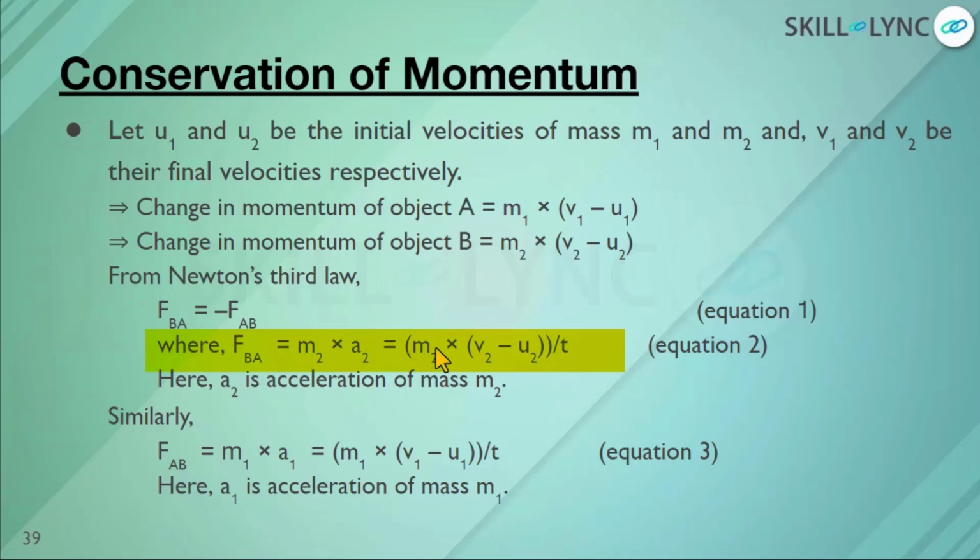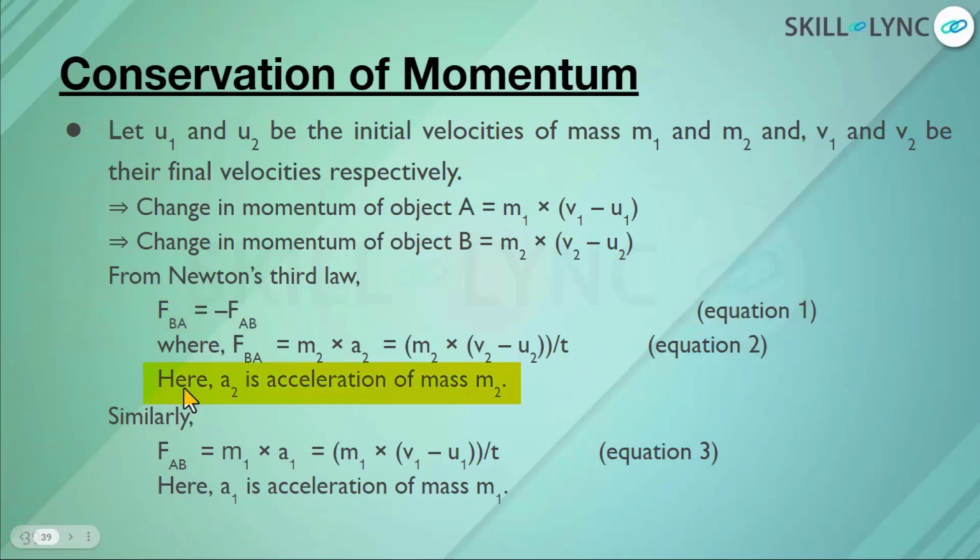Therefore, FBA can be written as m2 into (v2 minus u2) divided by time. Let's call this equation 2, and FBA is equal to minus FAB, let's call this equation 1. Here a2 is the acceleration of m2, that is, the acceleration of object B, and the mass of object B is m2. We have discussed this earlier.